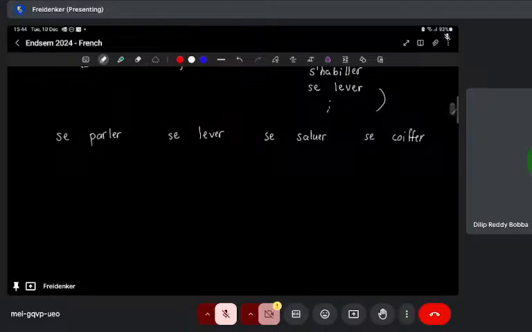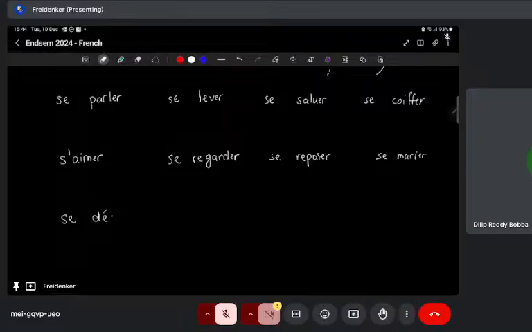I'll just explain the basics and then move on to the next worksheet because I'll anyway upload the answers. S'aimer, se regarder, se reposer, se marier. I'm just picking them up from the worksheet.